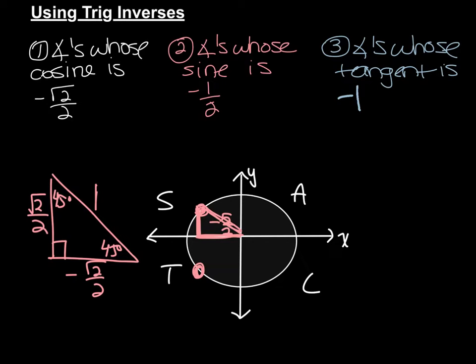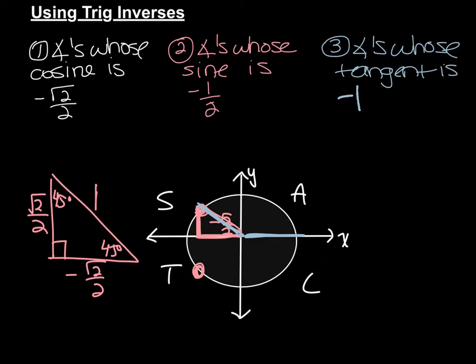Well, if this is a 45-degree angle, and this is 180 degrees, that means 180 minus 45 is going to leave me with 135. Therefore, the measure of this angle from this initial side to this terminal side would be 135 degrees.